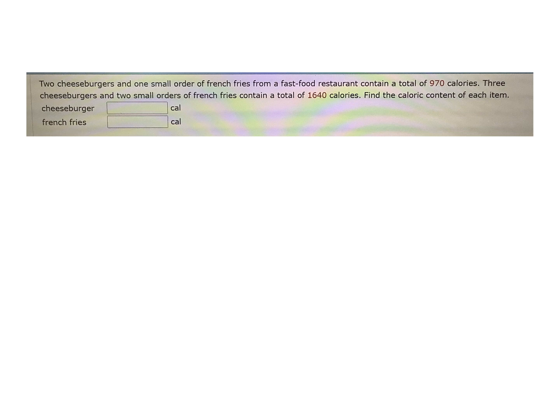All right, let's look at the last page. 2 cheeseburgers and 1 small order of French fries from a fast food restaurant contain a total of 970 calories. 3 cheeseburgers and 2 small orders of French fries contain a total of 1,640 calories. Find the caloric content of each item. So we can call cheeseburgers C and French fries F. How would I come up with a system of equations?